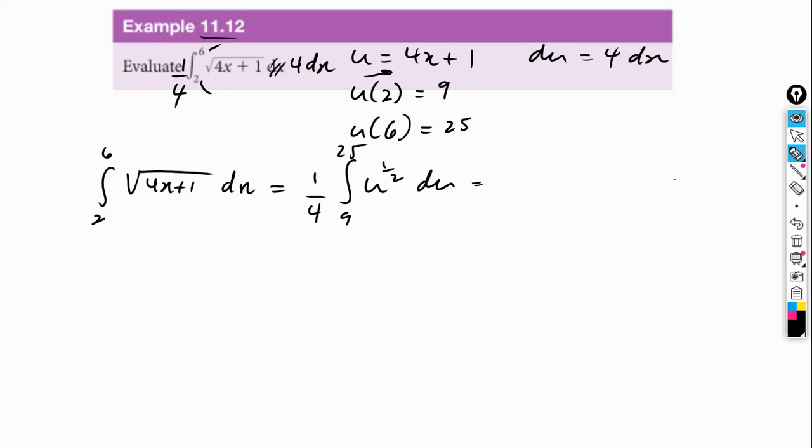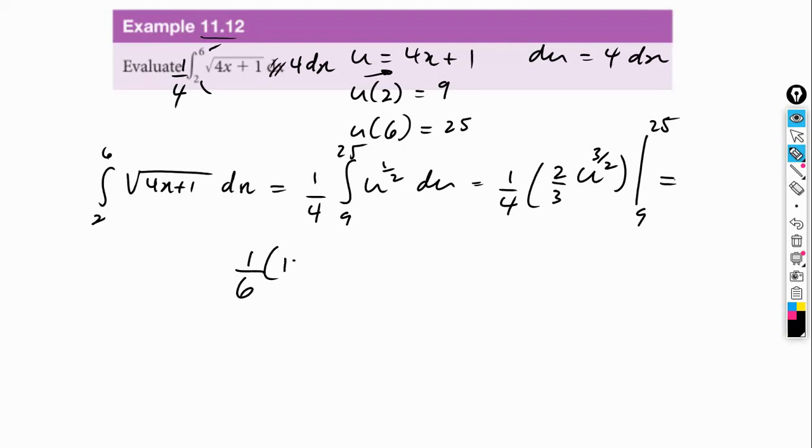So this is simply going to be 1/4, and then this times 2/3, u to the 3/2, and its bounds, right? So from 9 to 25. So we're ready, because this is simply 4 times 3, but there's a 2 here, so it's going to be 1/6. So 1/6 times, if we plug in 25 and do all the math, we're going to get 125, minus plugging in the 9, we're going to get 27. And if we subtract this and then multiply, we're going to get 49/3.